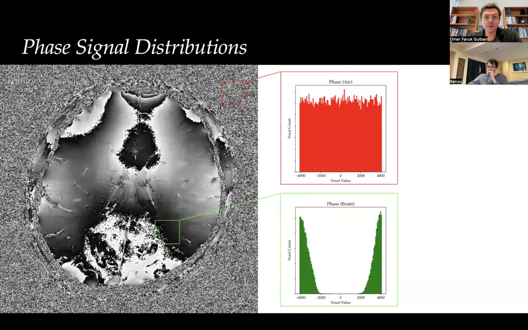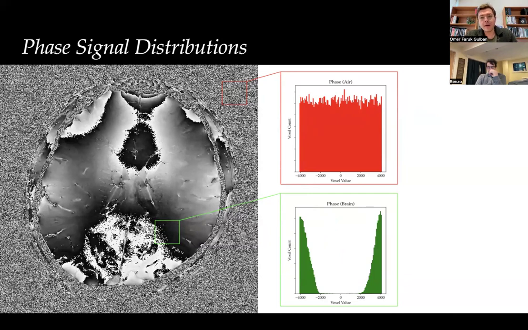So this is all straightforward, I guess. Now let's have a look at what's going on in the phase, because phase is rather different compared to magnitude. When you look at the air voxels, you see that the distribution of the voxels there doesn't follow Rician or Gaussian. It follows a uniform distribution, actually. It's a straightforward geometric fact, and when you think about it, you see it.